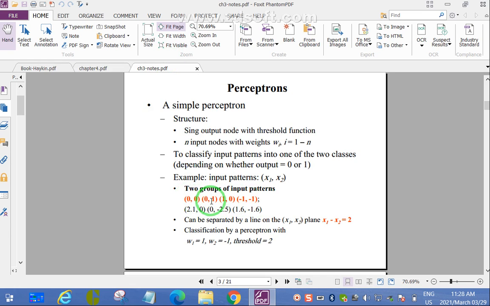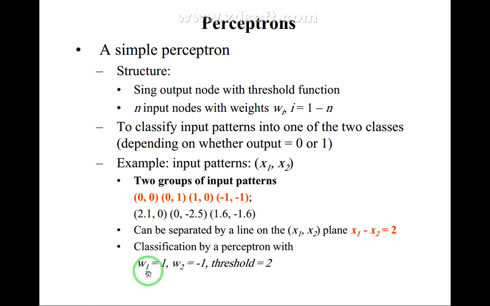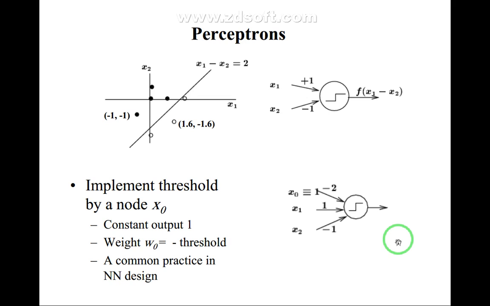We have these four inputs 0 0, 0 1, 1 0, minus 1 minus 1, and two variables x1 and x2. The weights, with respect to this equation, x1 minus x2 equals 2. You can say W1 equals 1, W2 equals minus 1, and threshold equals 2. So this would be your decision boundary, decision equation, x1 minus x2 equals 2.